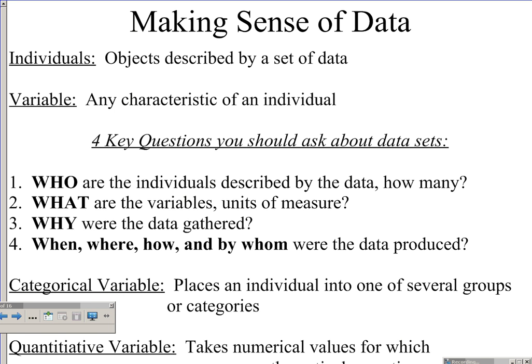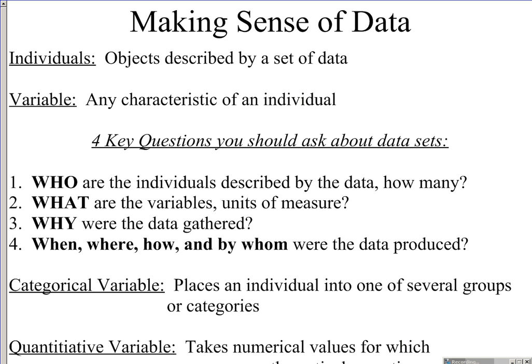Sorry about the bottom part being cut off here. The bottom part that is cut off says mathematical operations make sense. So take numerical values for which mathematical operations make sense.